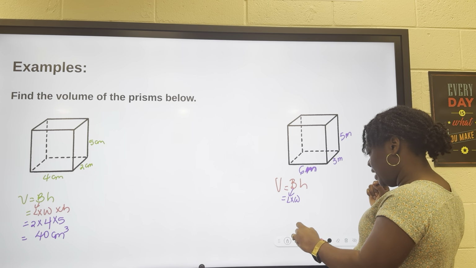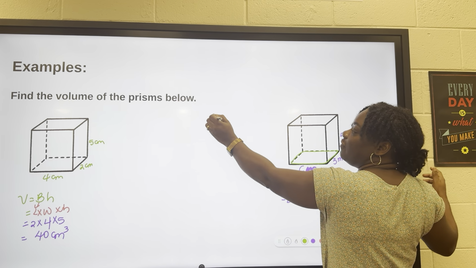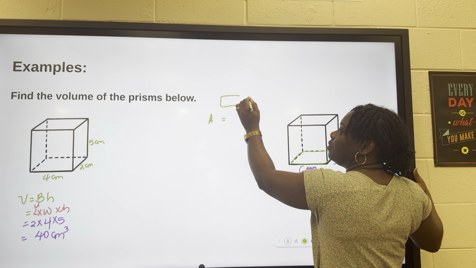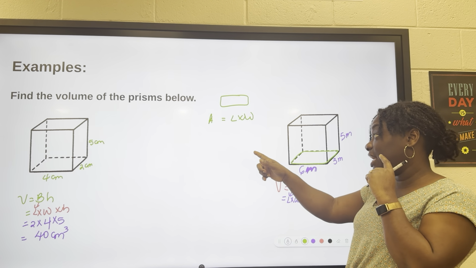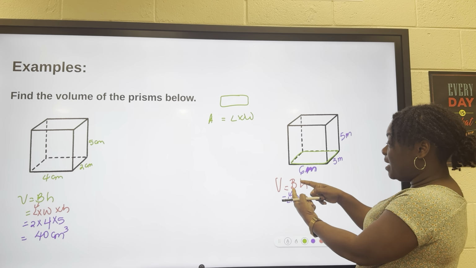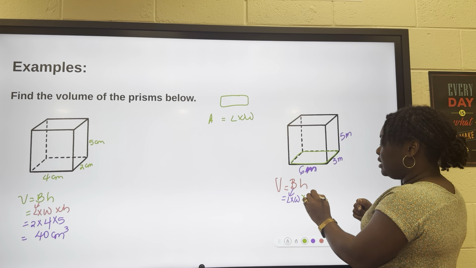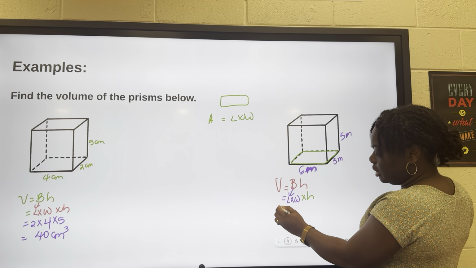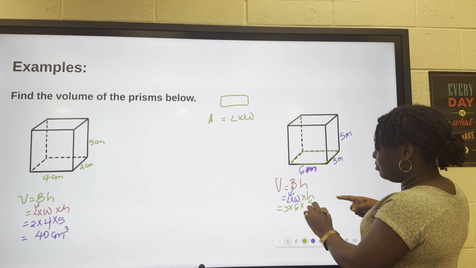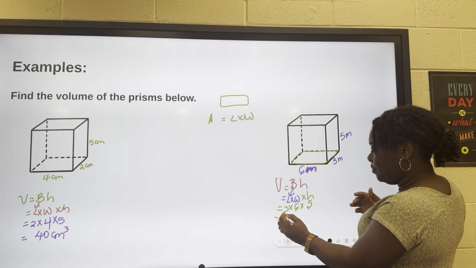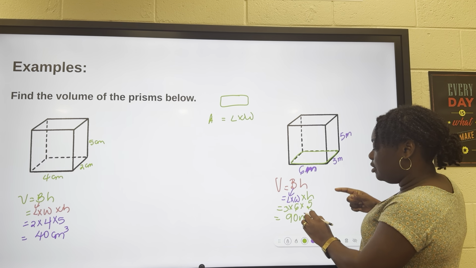In this case, my base is a rectangle. The area of a rectangle is length times width, for those of us who don't remember. So it's length times width times my height. Let's put the values in: 3 times 6 times 5, which is my height. So that's 30 times 3. That's going to give me 90 meters cubed.